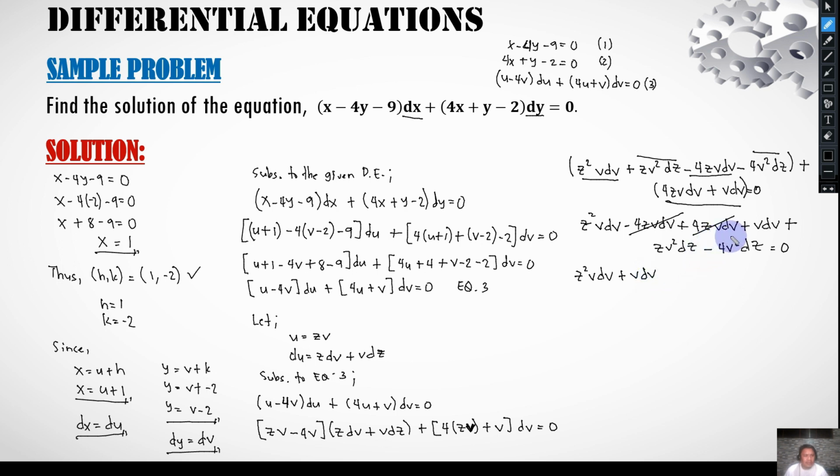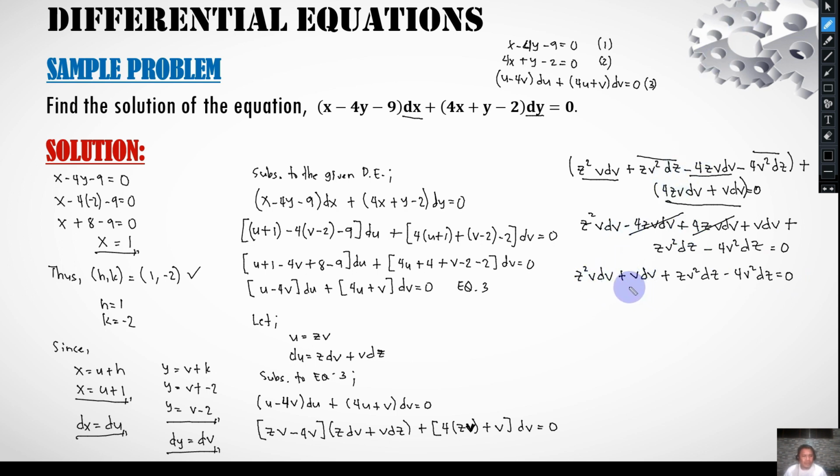Okay? So, after this one is dz. Tingnan natin. So, this is plus z b squared dz minus 4b squared dz is equal now to 0. Okay?